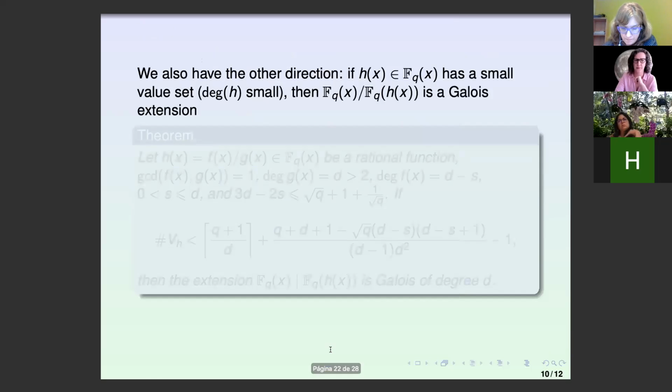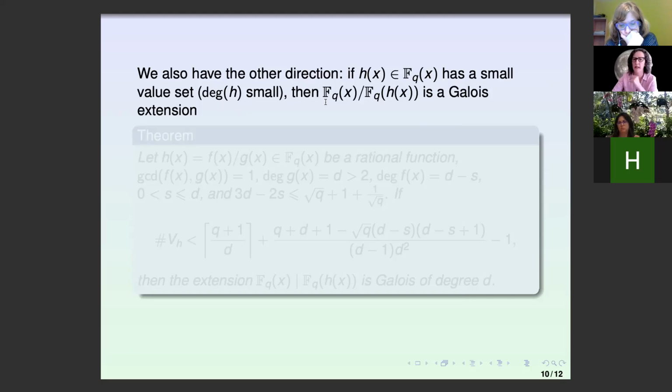What we can show is that if I give you a rational function h equal to f over g that has a small value set, and also the degree of your rational function is small, then this extension has to be a Galois extension.